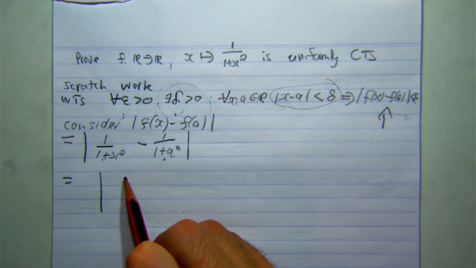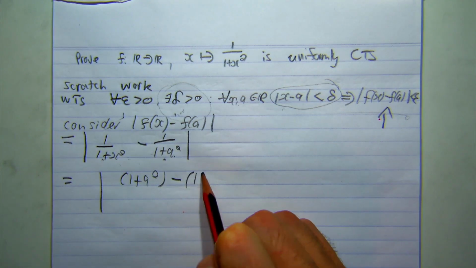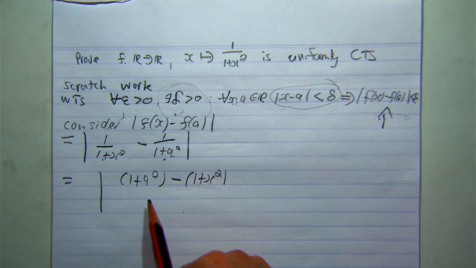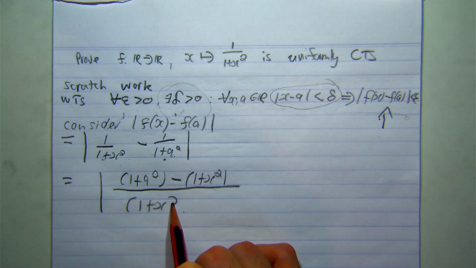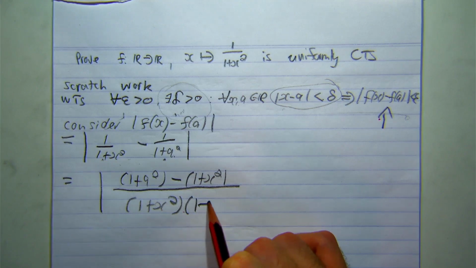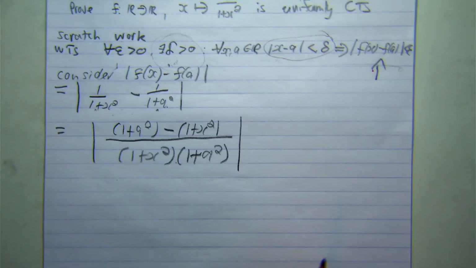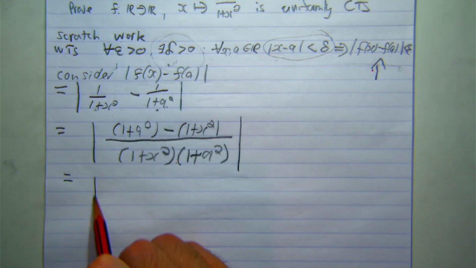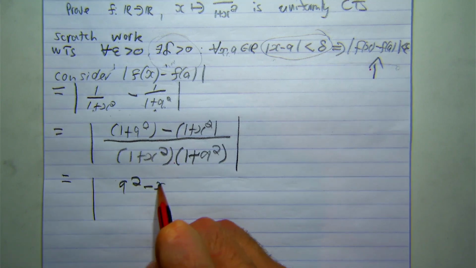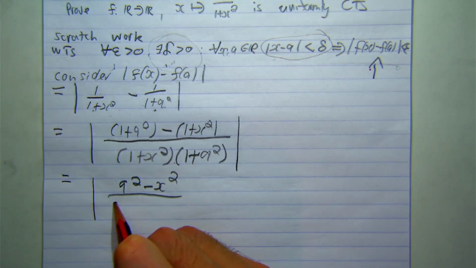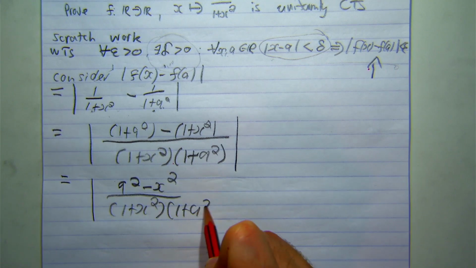Taking the difference, we'll have 1 plus a squared minus 1 plus x squared, divided by 1 plus x squared multiplied by 1 plus a squared. And then the ones are going to cancel out. We have a squared minus x squared divided by 1 plus x squared multiplied by 1 plus a squared.